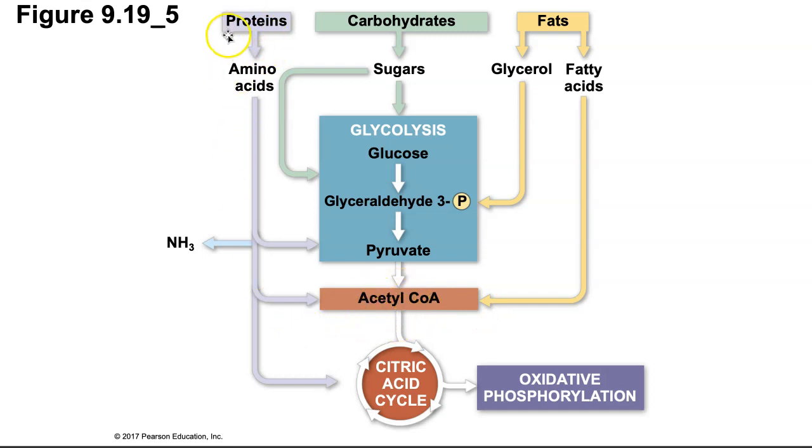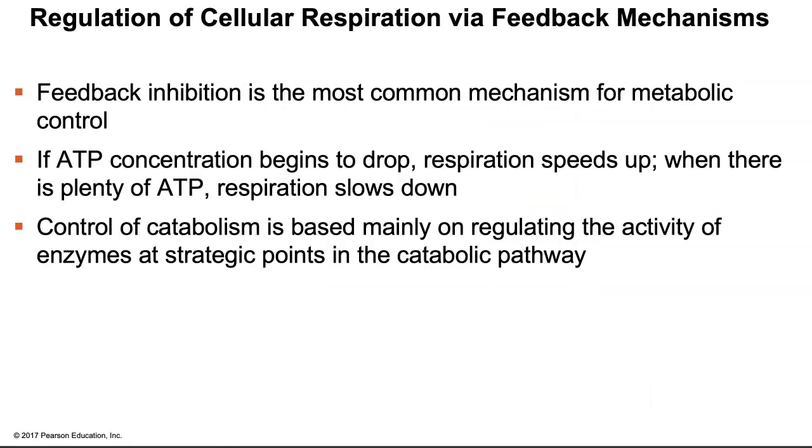And then proteins are made of amino acids, and there are 20 different amino acids, right? Depending on what's on them, they can be chopped up, and then they enter into the cycle in various spots as well. Now, we really can't have a lecture without touching on some feedback loop mechanisms.